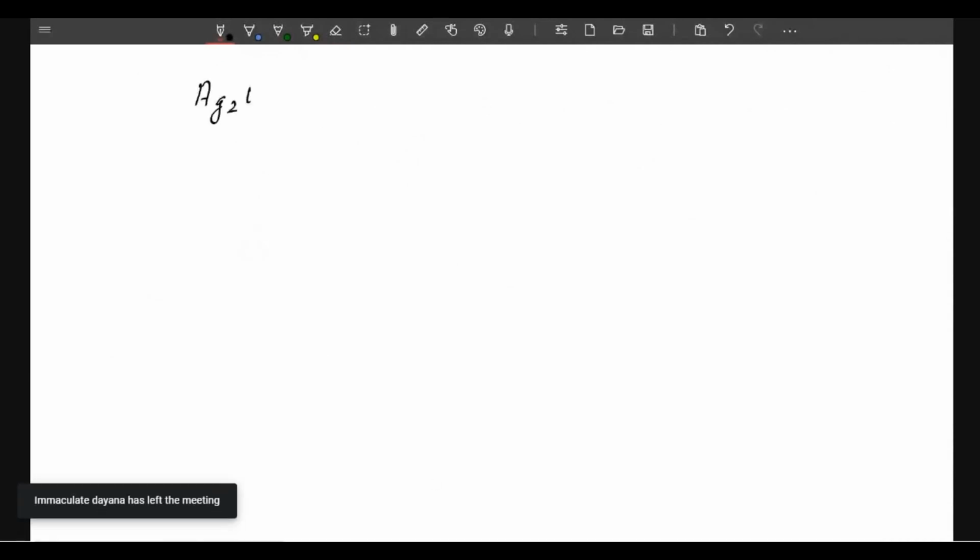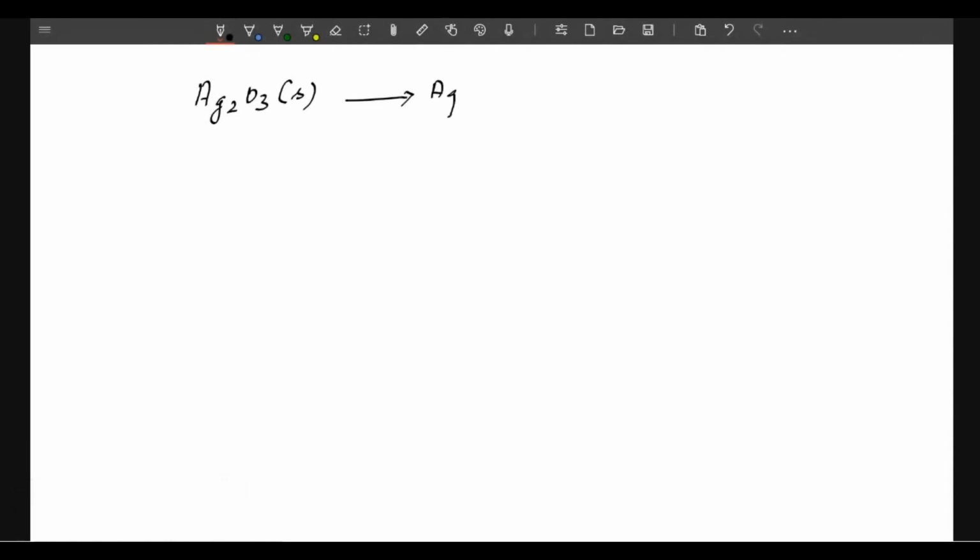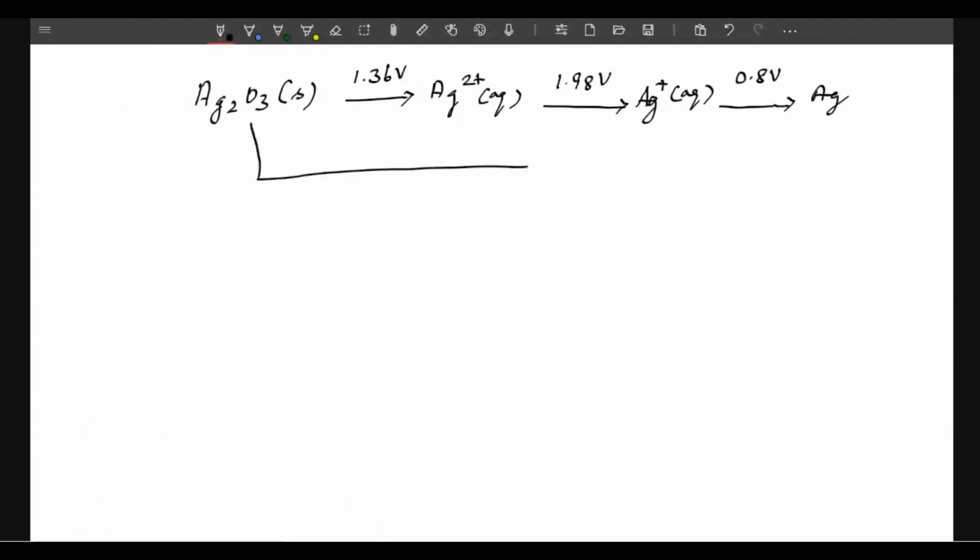Ag2O3 solid giving Ag2 plus aqueous, 1.36 volt, then giving Ag plus aqueous, 1.98 volt, and giving silver, 0.8 volt. Then Ag2O3 to Ag plus, 1.67 volt. Here, why are we giving this one?